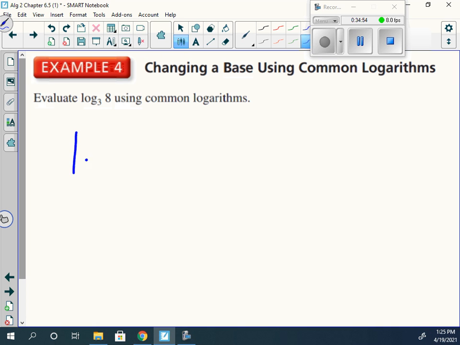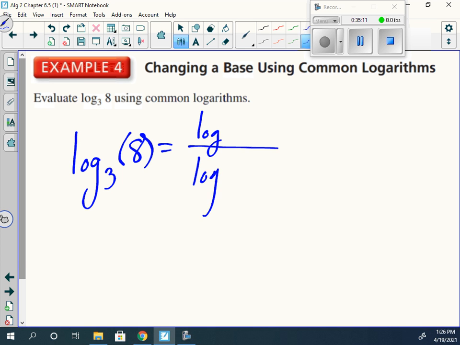In particular, if we have log base 3 of 8, and I want to rewrite this as common logs, we're going to use this property here. Log and log. So what number would go on top?